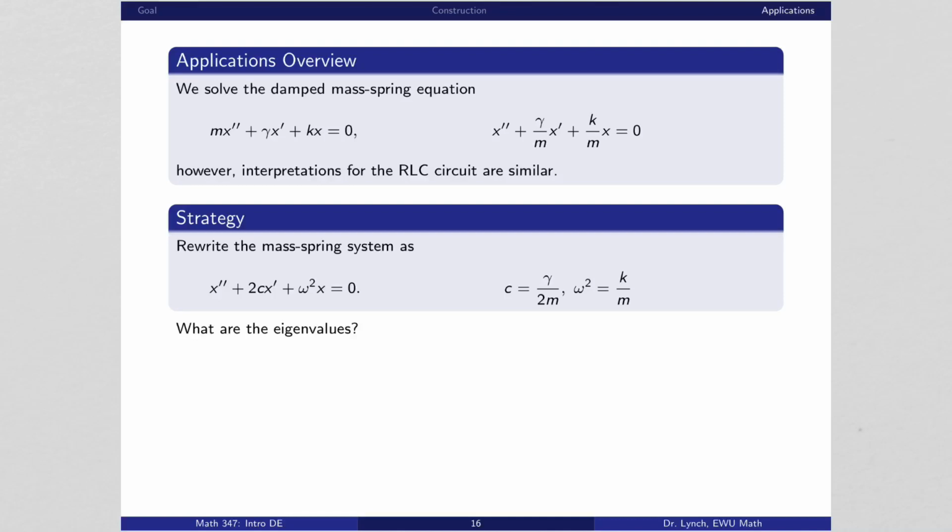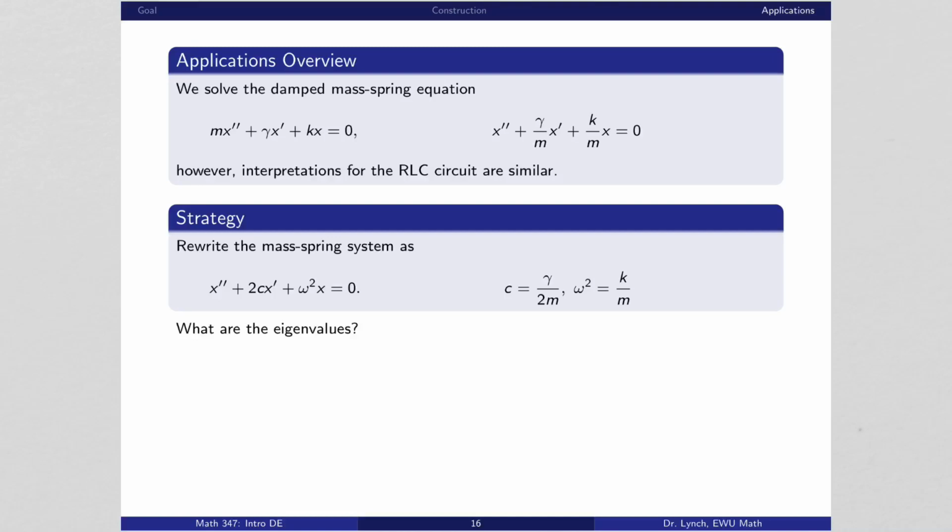We'll identify gamma over 2m as c, and omega squared as k over m, and it just turns out that this factor of 2 in our differential equation, x double prime plus 2c x prime plus omega squared x equals 0, is a convenient factor for the eigenvalues.